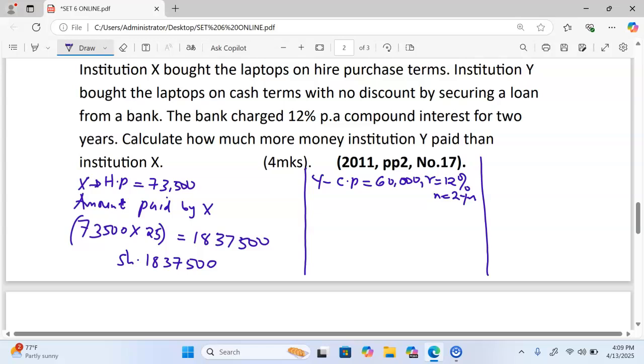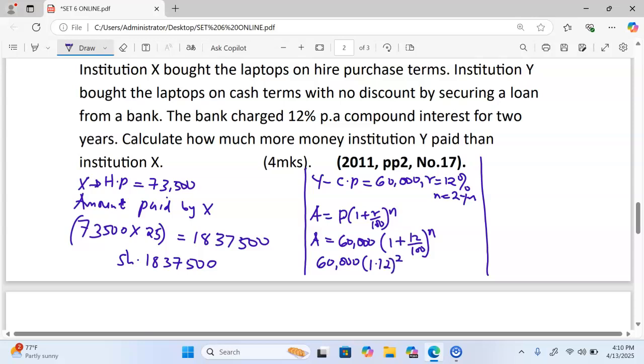We must first get the amount for each laptop. So the amount is going to be equal to the compound interest formula, which is principal times 1 plus R divided by 100, raised to N. So the amount is going to be equal to the principal, the cash price of 60,000, multiplied by 1 plus the rate, 12 over 100, raised to N. That gives us 60,000 into 1 plus 12 divided by 100, which gives us 1.12.